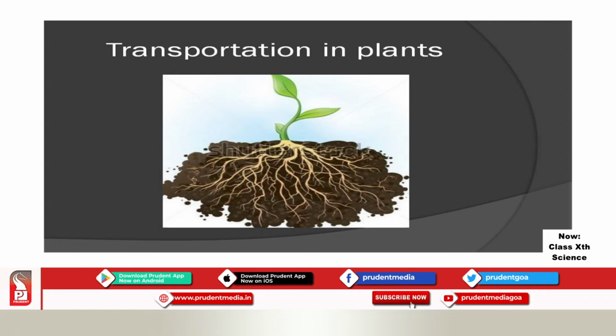Plants take in this carbon dioxide from the air. Plants also require oxygen for respiration. Sometimes oxygen acts as a waste product in plants, keep in mind. But plants also require oxygen for respiration to stay alive.